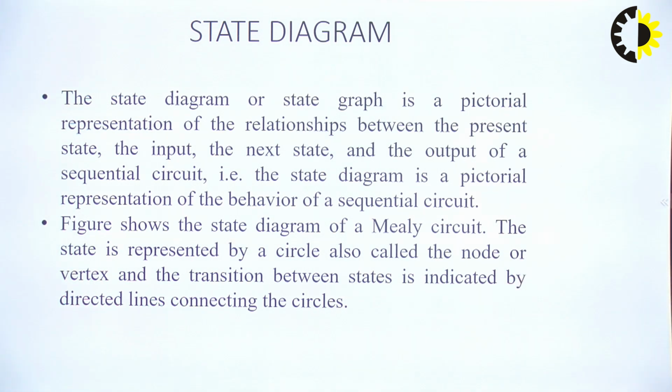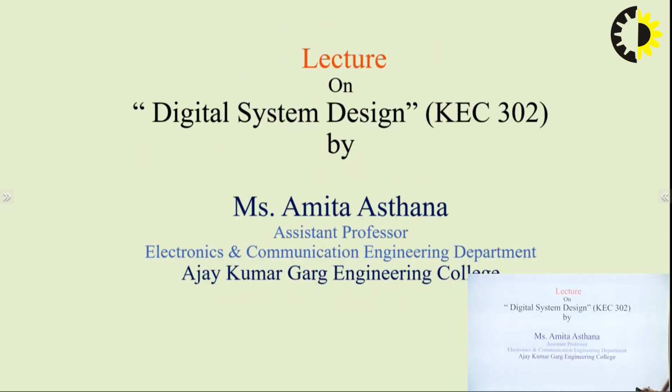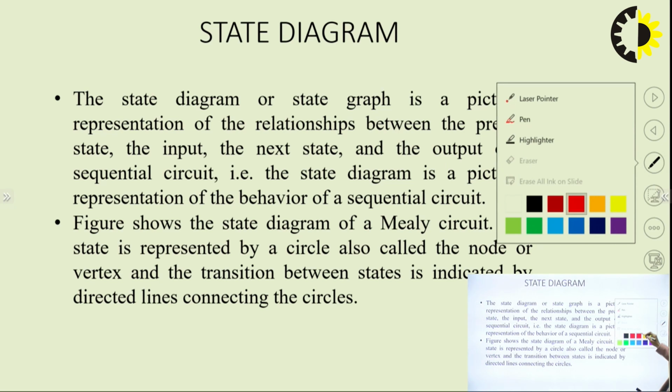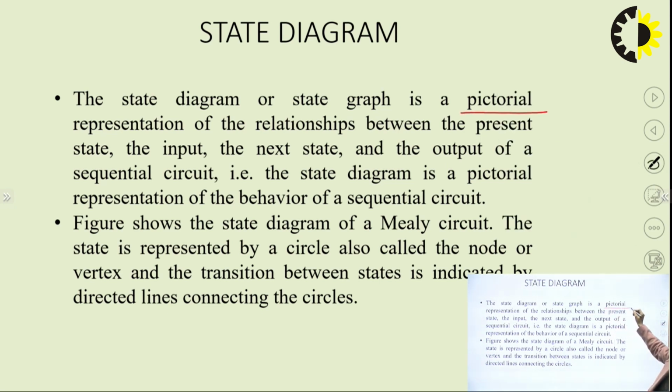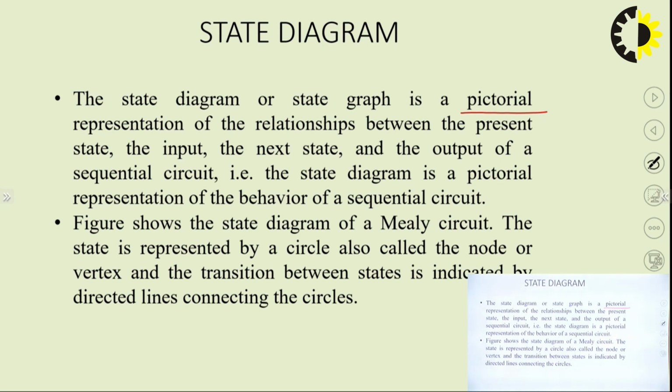A state diagram is also known as a state graph, which is a pictorial representation. It can be represented in the form of a picture which represents the relationship between the present state, the input, the next state, and also the output of any sequential circuit. So what are these four parameters?